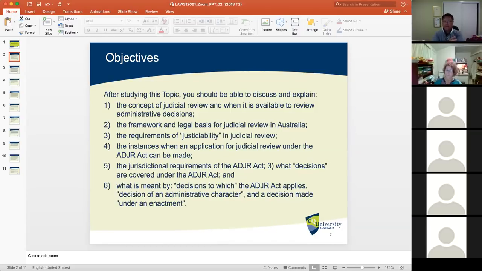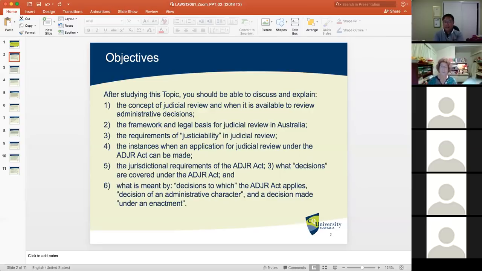So let's assume that you have the ANU, the Australian National University, which has been created under an enactment, and the decision might have been made by a vice chancellor of the ANU. And let's assume that the vice chancellor, in making a decision, made a decision based on an enactment, or it may not be on the basis of an enactment.